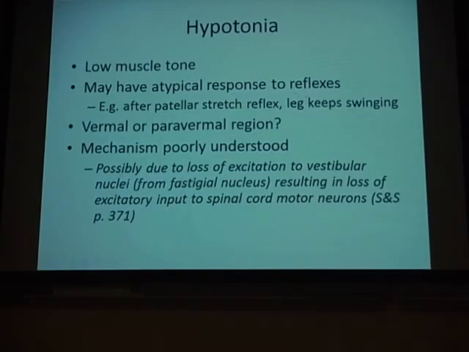It also might be due, and this is right out of your book, to loss of excitation to those vestibular nuclei, because we know vestibulospinal tract information is traveling from the vestibular nuclei and helping to excite the extensors in the spinal cord. So maybe that relationship to gravity, or ability to come up and extend against gravity, is somehow impaired. Again, we don't quite know, you don't need to know, but know that hypotonia is something that you may see in people that present with cerebellar lesions.